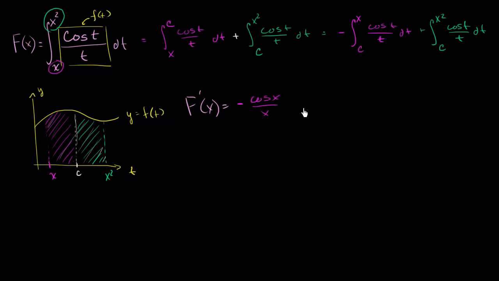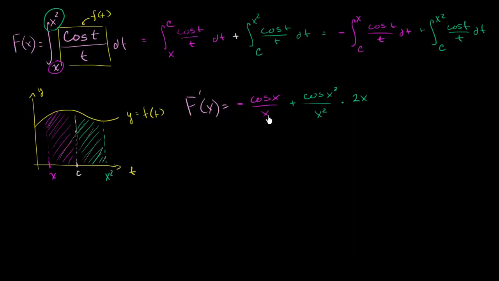And then plus, we're first going to take the derivative with respect to x squared, and that's going to give you cosine of x squared over x squared. Wherever you saw t, you replace it with x squared. And then you multiply that times the derivative of x squared with respect to x, which is just 2x.